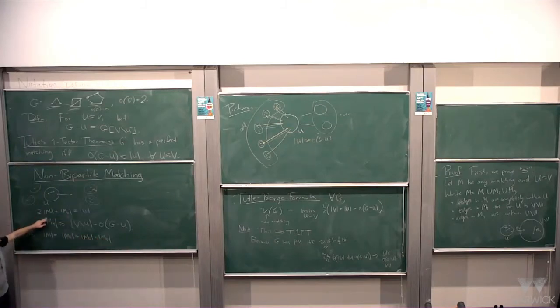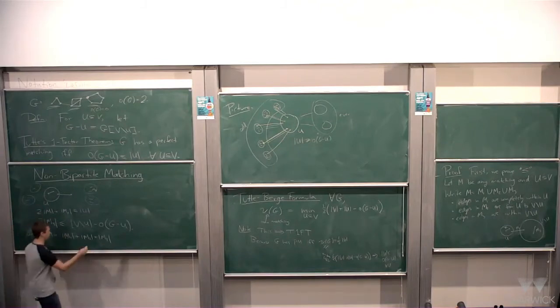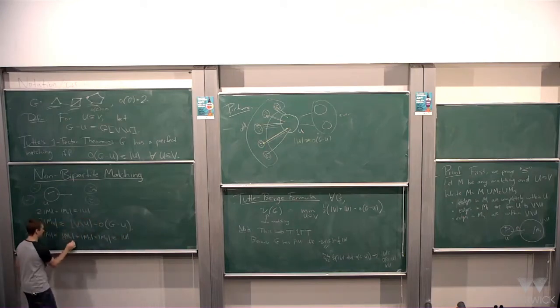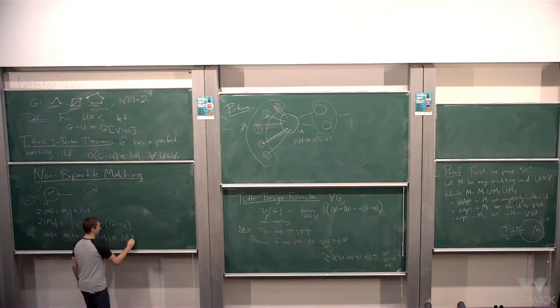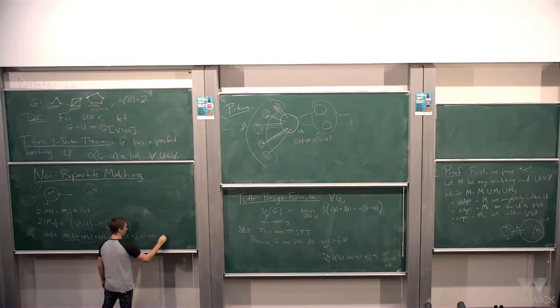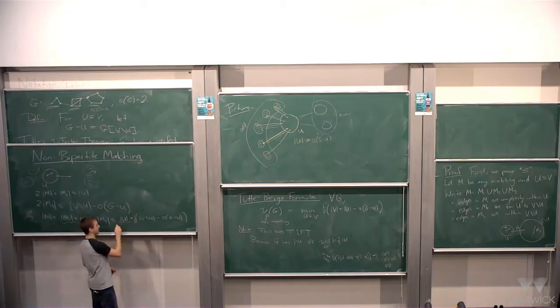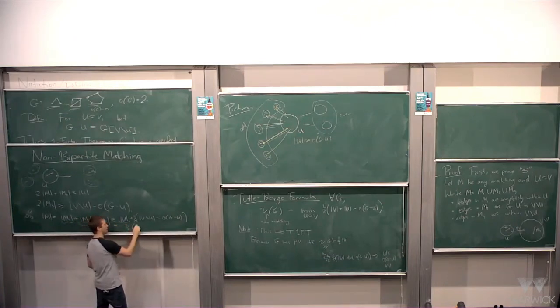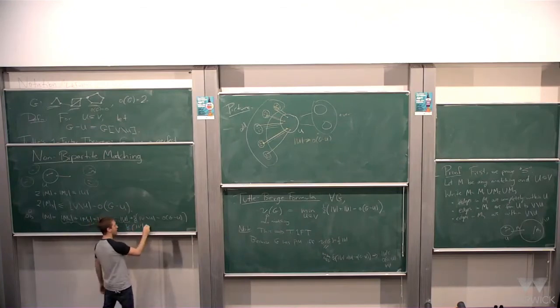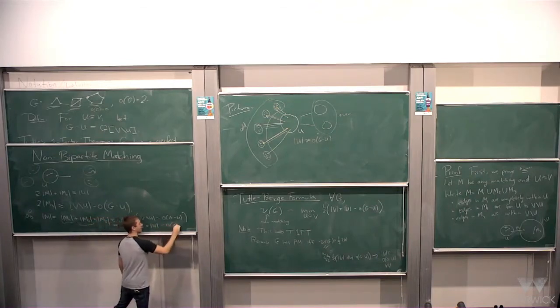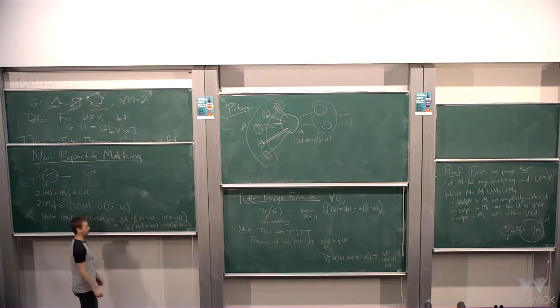Using this first thing, and I'm going to ignore the 2 because I have that luxury, these first 2 terms are at most this, and for this one I'm going to write 1/2 of V minus U minus the number of odd components of G minus U. If you now bring this inside, this is exactly 1/2 the number of vertices of V. V minus U just has cardinality of V minus cardinality of U, and you have to remember there's this 1/2 here, but just basic algebra, you get this.